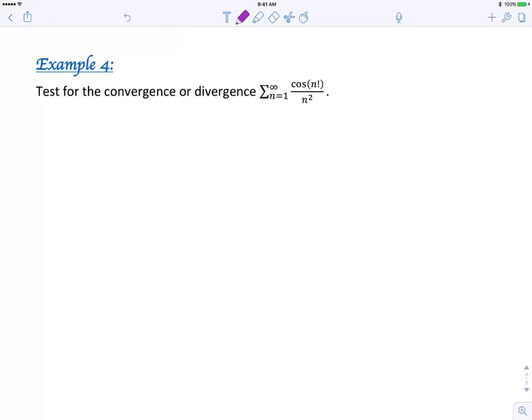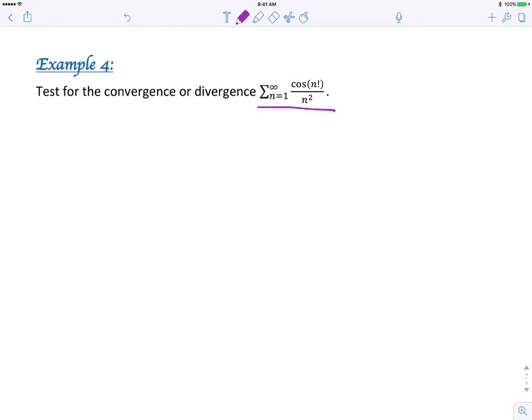Example 4, test for convergence or divergence. Here we've got the sum, n going from 1 to infinity, of cosine of n factorial over n squared. So that's a little bit of a difficult series to analyze directly because we've got positive values and negative values, but they're kind of varying in a random order.